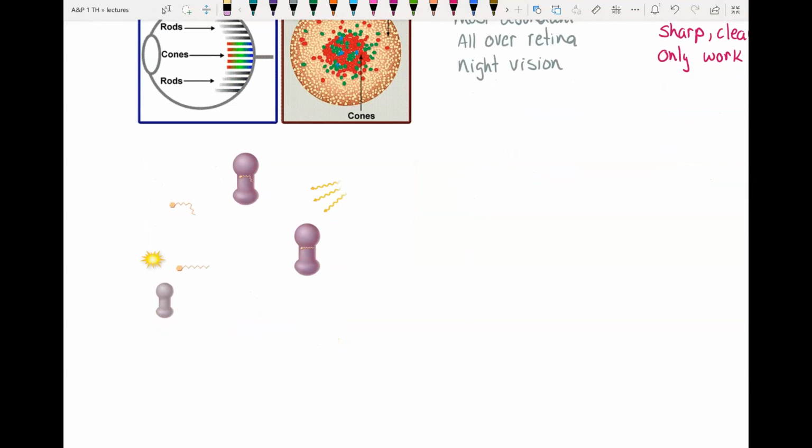Now we're going to think about, say it's a bright sunny afternoon and you go to the movies and you go from this bright sunny day into a dark movie theater. At first you can't see, but after you've been in there for a while, your eyes adjust and you do see. That process is called dark adaptation.